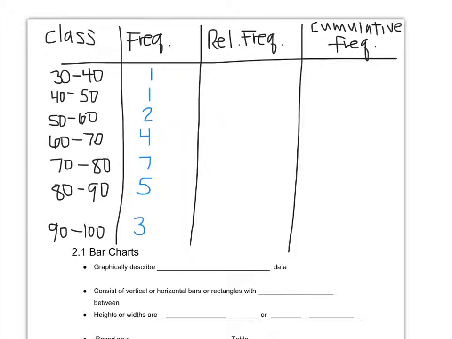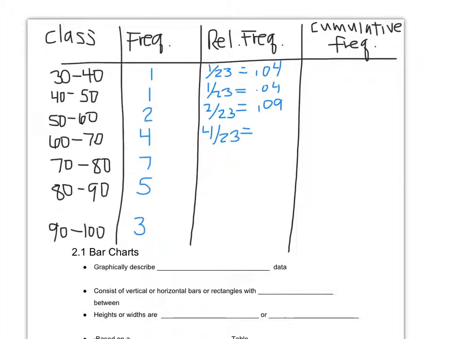Okay, now our relative frequency, we're going to take 1 over the total, 23, and that is equal to 0.04 for decimal, if we round to 2 places. And the same thing for the next class, 1 over 23 is 0.04. And then next class, 2 over 23. Again, rounding to 2 decimals, that actually is going to give us a 0.09. 4 over 23.